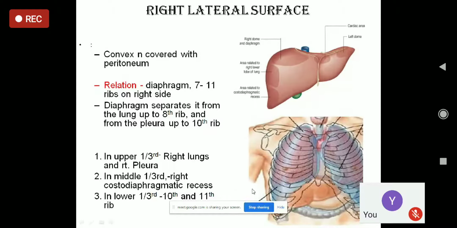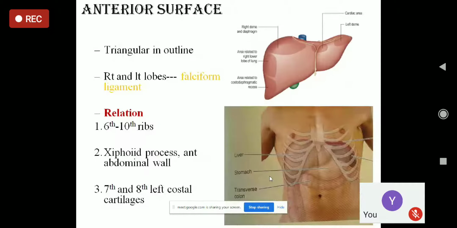So while doing the liver biopsy, you'll go to this space below the 8th, in the 9th costal cartilage, because there will be absence of lungs. We'll come to the liver biopsy in detail in the next slide.